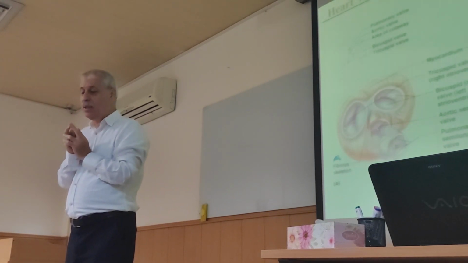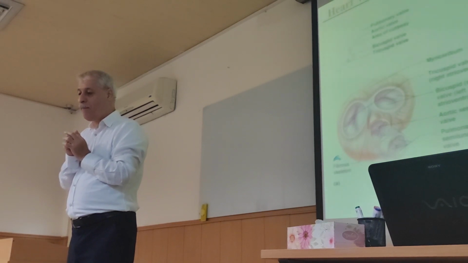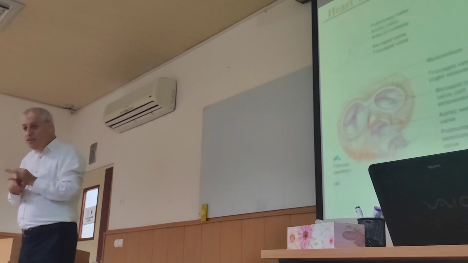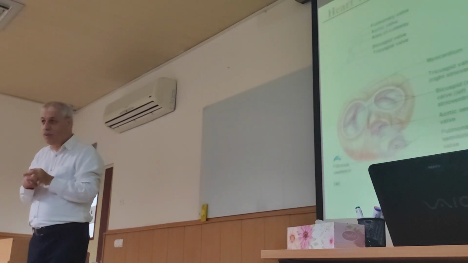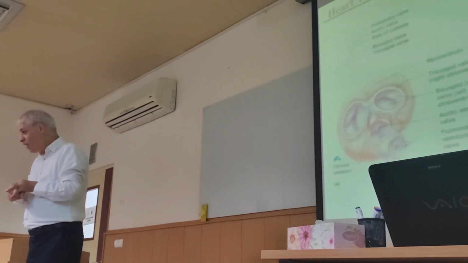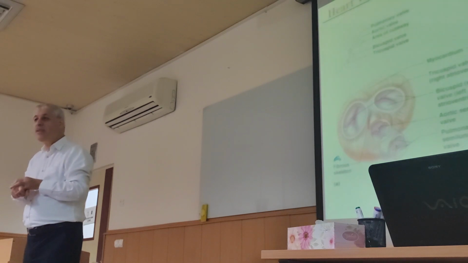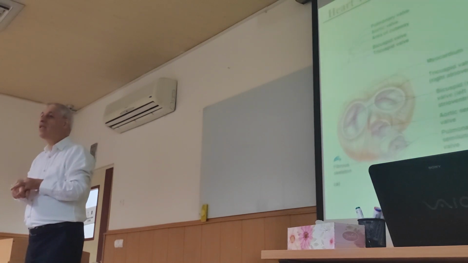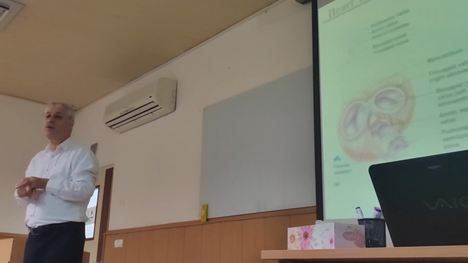In most cases, listen, the posterior descending artery is branching off from the right coronary artery. In 90% of the cases, the posterior descending is branching off from the RCA. In 10% of cases, the posterior descending artery is branching off from the left circumflex.